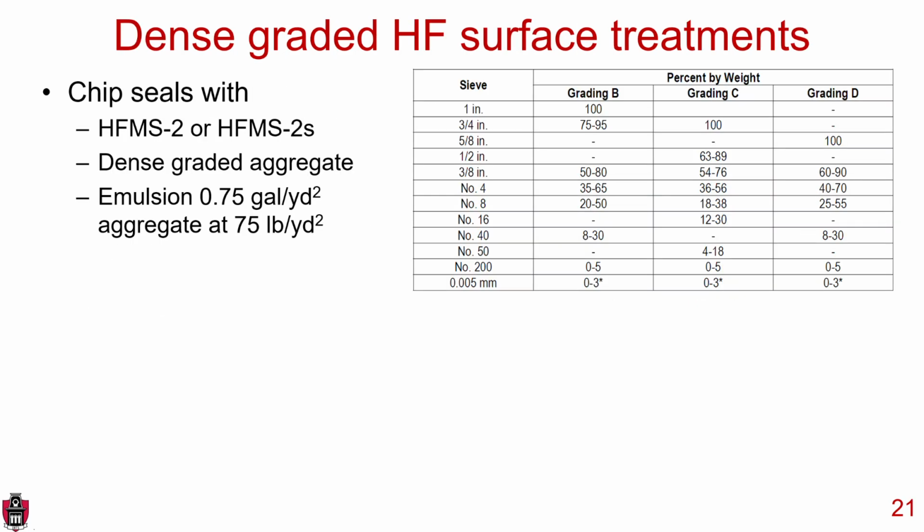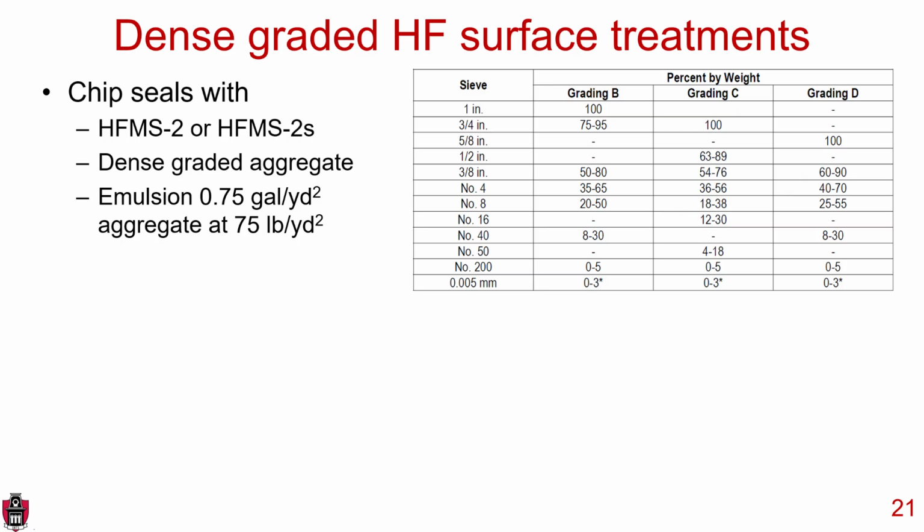Another group looked at dense graded high float surface treatments, and these were chip seals with either HFMS-2 or HFMS-2S, and they used dense graded aggregate. So I'd mentioned before that usually chip seals have the majority of materials on that 3/8 inch sieve, very little on the P200, but you can see here there's a little bit more distribution, especially in the number 4 and the number 8 sieves, and then a little bit more dust there on the number 200 sieve.